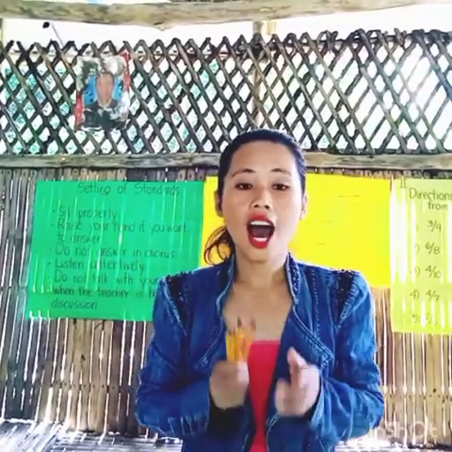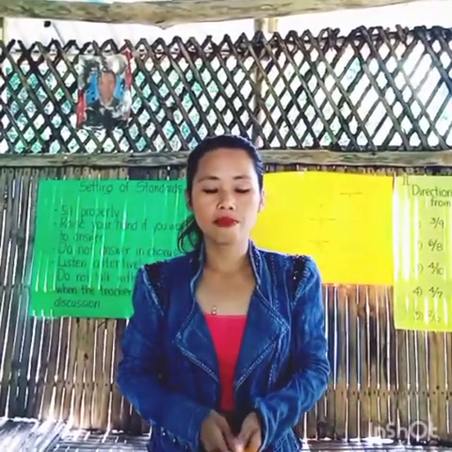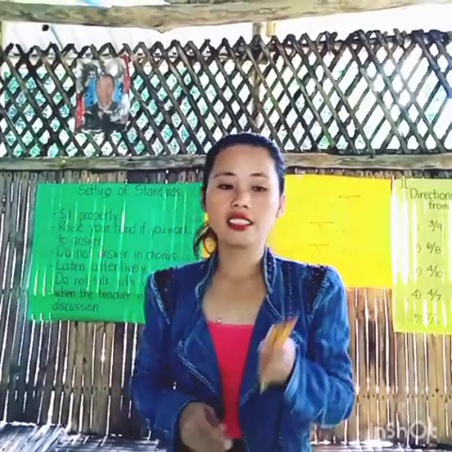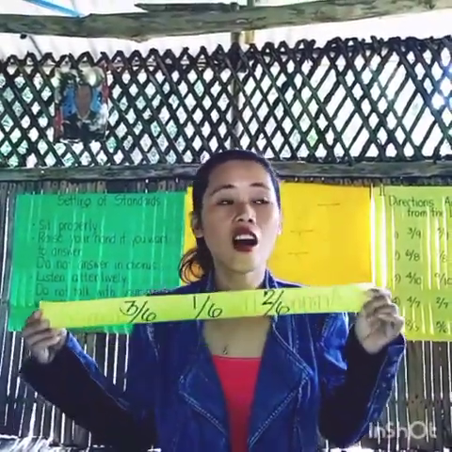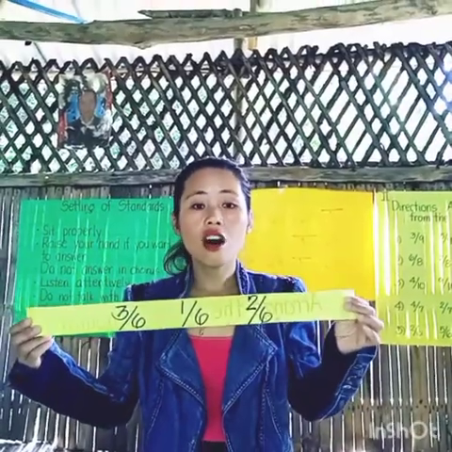To know how many pieces of pencils are divided, let's do the similar fractions. Since 6 pieces of pencils are divided into 3, 1, and 2, then we can write it as 3/6, 1/6, and 2/6.